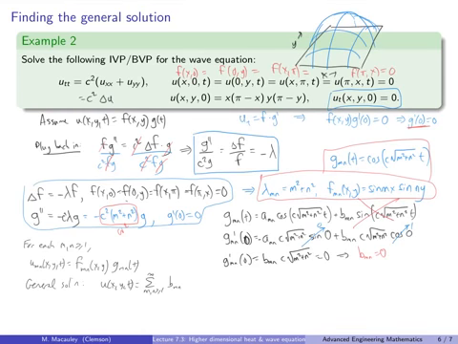Let's call it b. And then what? So we have sine of mx times sine of ny times cosine of c times m squared plus n squared times t. Okay, so that is the general solution.